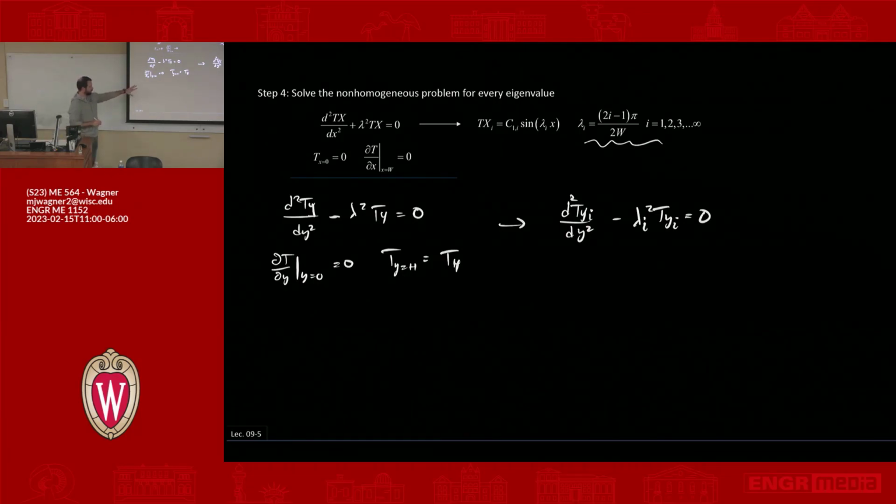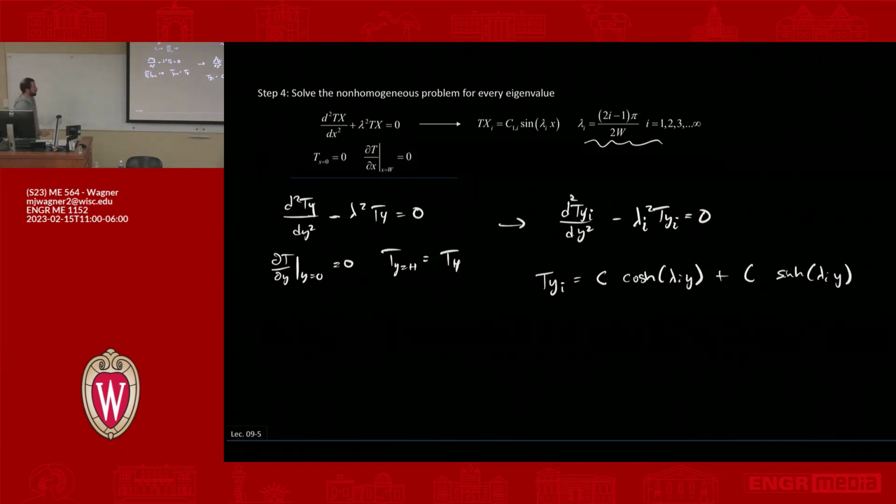For any individual index I, we're going to get the solution, and the solution for this problem is cosh and sinh. So this is going to give us Ty I equal to some constant times cosh of lambda I y plus another constant times sinh of lambda I y.